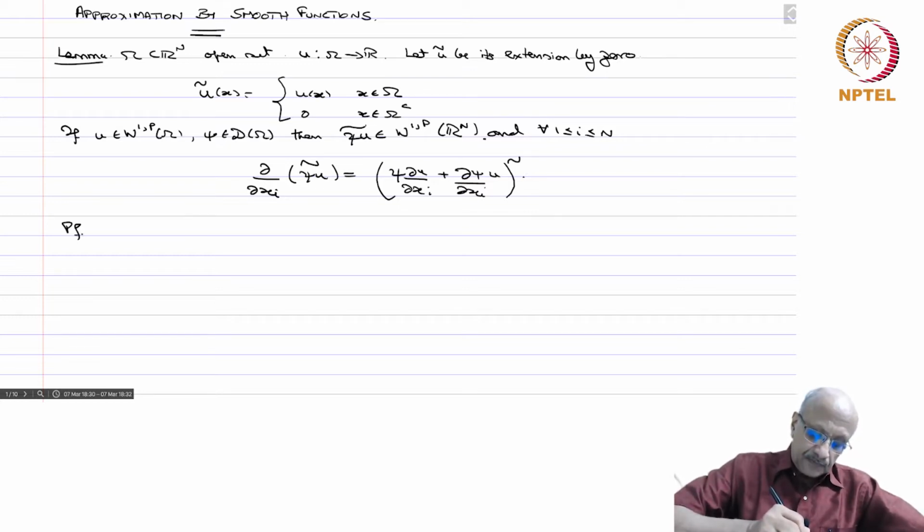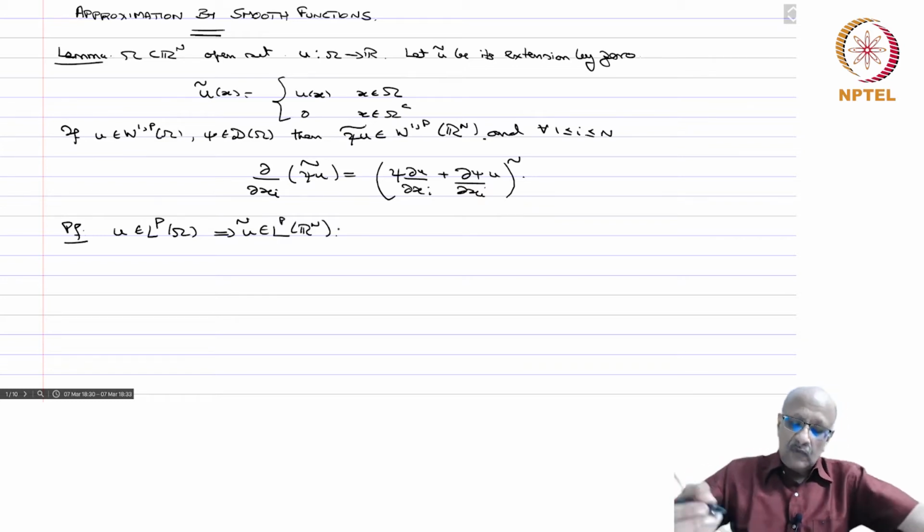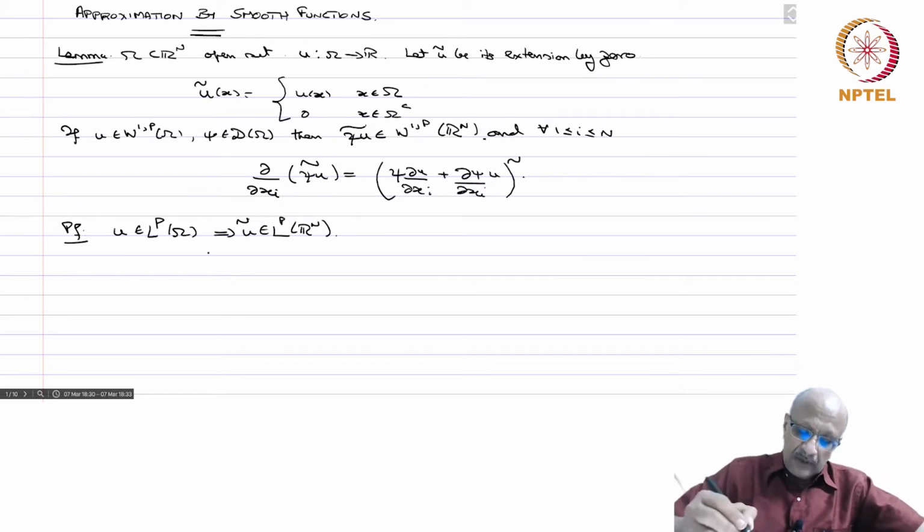So, proof. If u is in L^p(omega), this always implies that u tilde is in L^p(R^n). In fact, the norm will be the same, even the norm won't change. Now in view of the statement, psi is in D(omega) and u is in W^{1,p}(omega), so the product will be in L^p(omega), so its extension by 0 is in L^p(R^n).